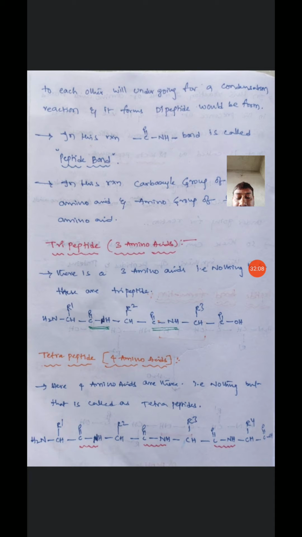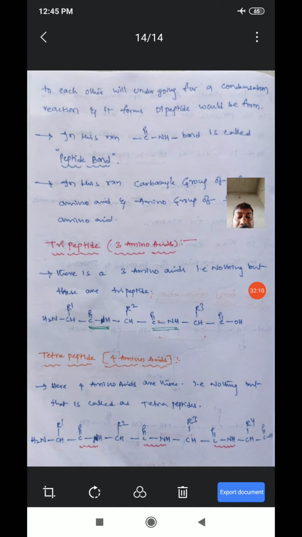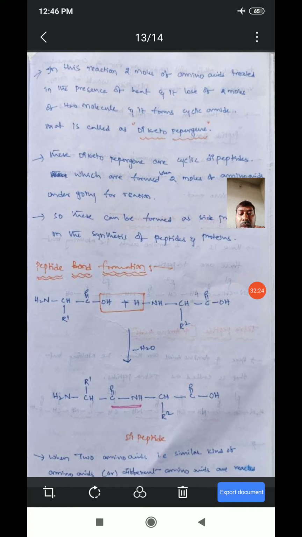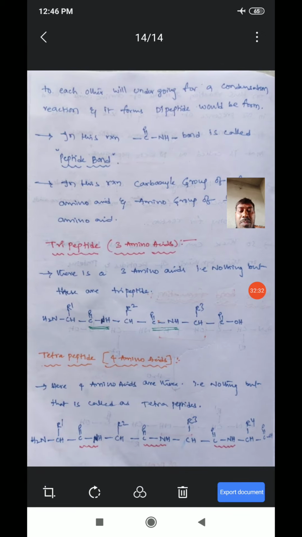So this is the tetrapeptide, or 4 amino acids. Same here, the C=O NH bond is called the peptide bond. So this is peptide bond formation, and here dipeptides, tripeptides, and tetrapeptides.